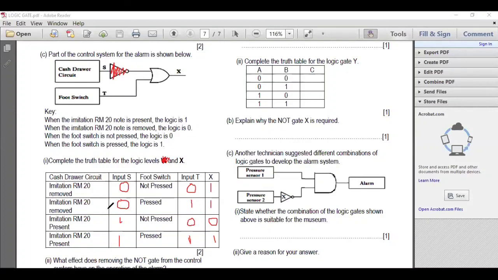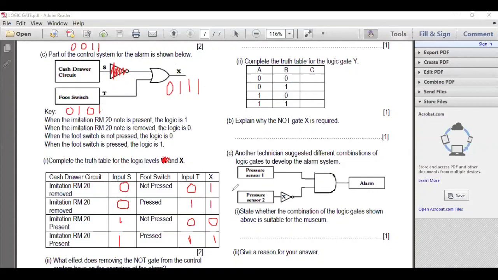When you remove the NOT gate, you see, the numbers here are 0, 0, 1, 1. Follow this order: 0, 1, 0, 1. This is an OR gate, at least 1 must be on. So 0, 0 becomes 0, 0, 1 becomes 1, 1 and 1 becomes 1, 1 and 1 here also becomes 1.